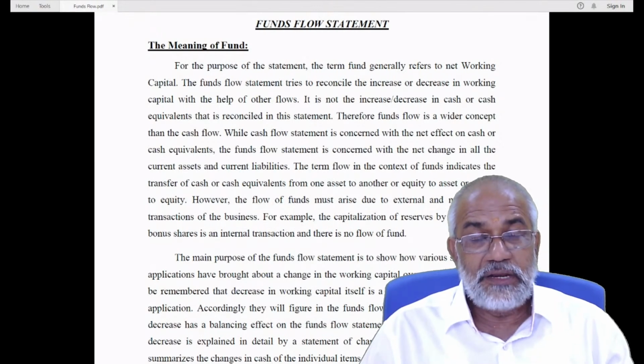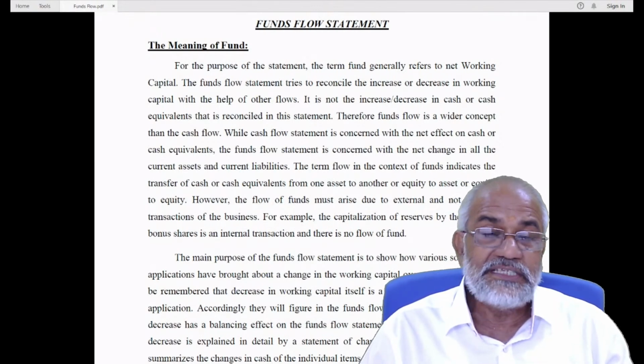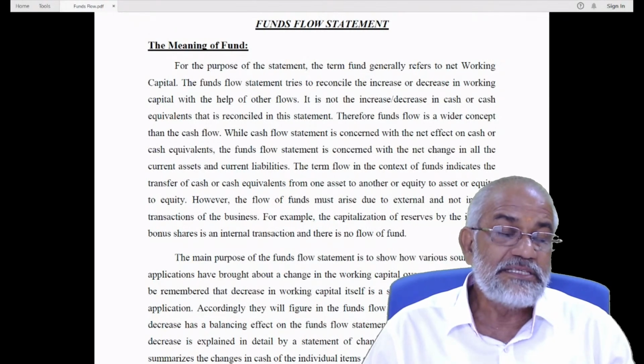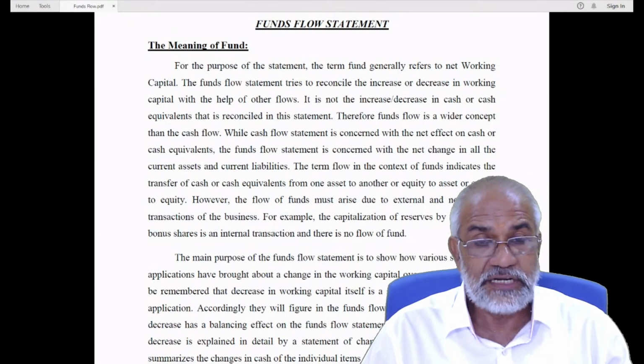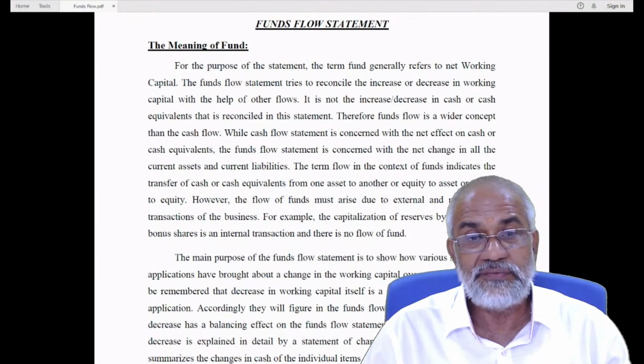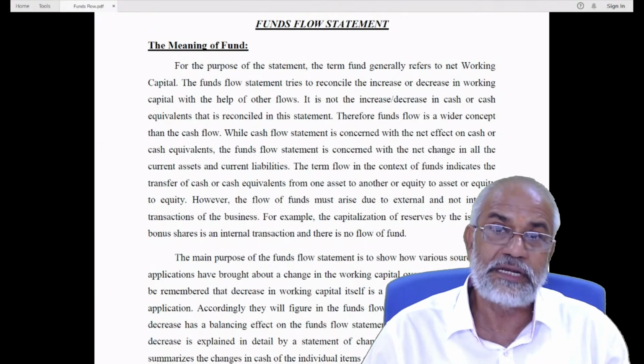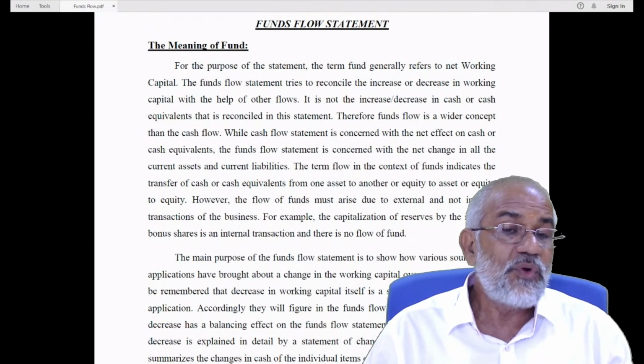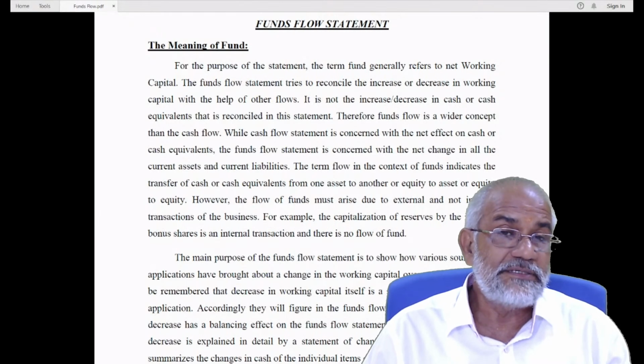So the exact terminology used for fund is net working capital. That means the equation of net working capital is current assets minus current liabilities, otherwise called free current assets or net current asset. So that is the meaning of the term fund.